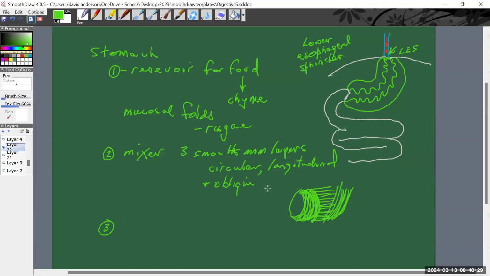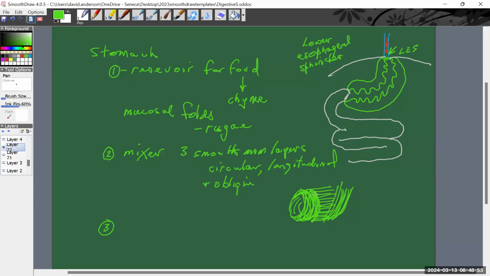But when we've got smooth muscle that's arranged circularly, it means that when that muscle contracts, we're going to reduce the diameter of, in this case, the stomach. And when it relaxes, we can increase the diameter. So that's going to create some mixing. When we shorten the length of the muscle in segments of the stomach, that's going to create some mixing.